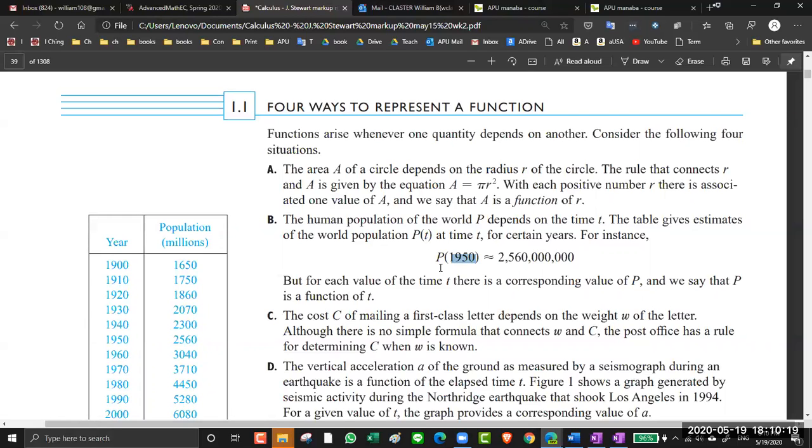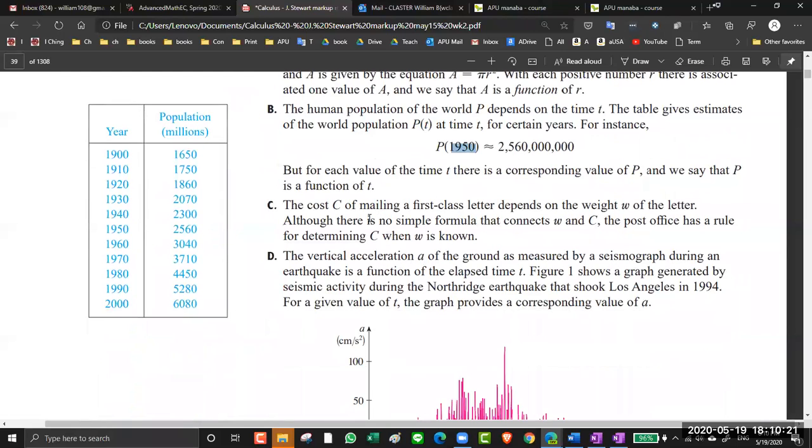Next one. The cost of mailing a first-class letter depends on the weight of the letter. Although there's no simple formula that connects W and C, the post office has a rule for determining C when W is known.